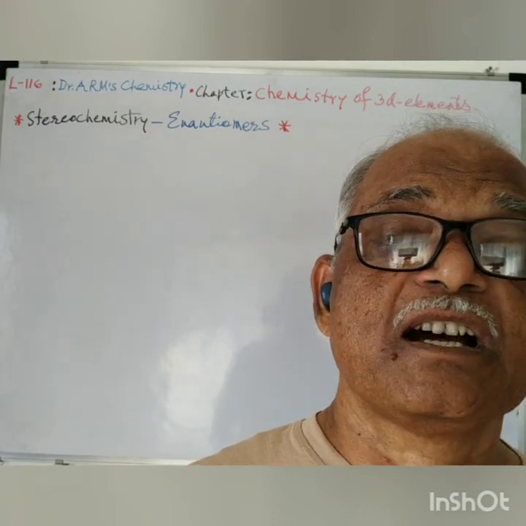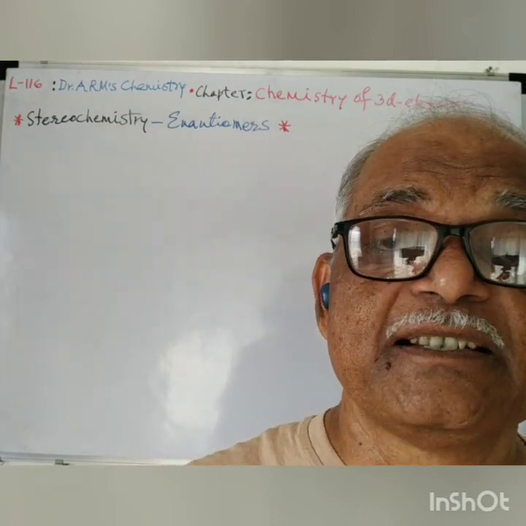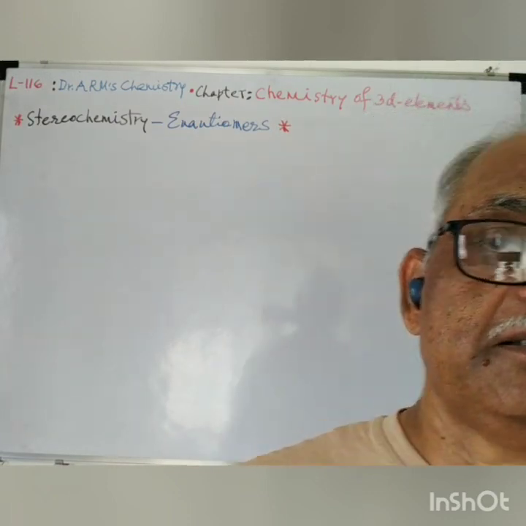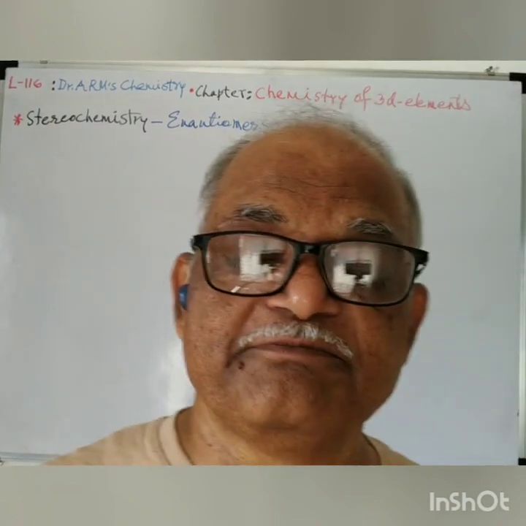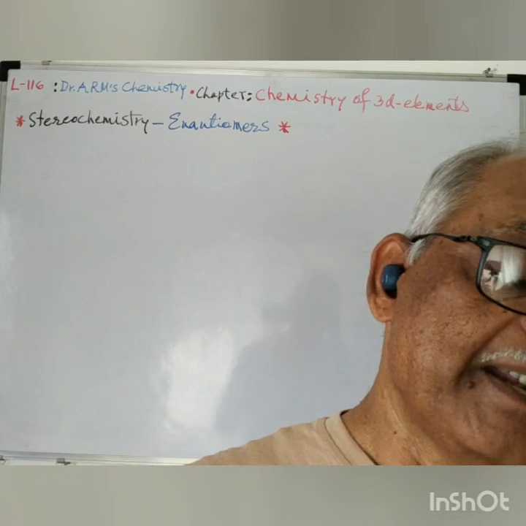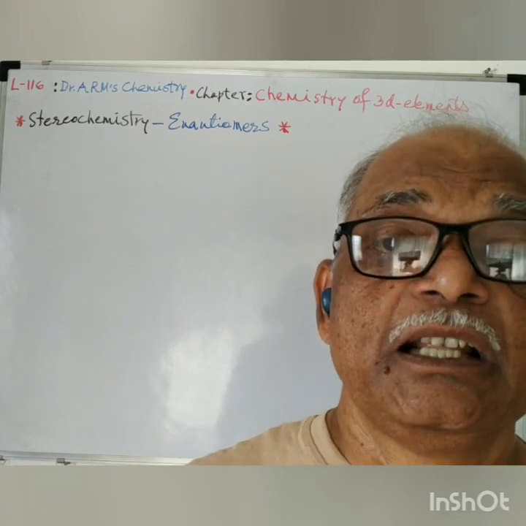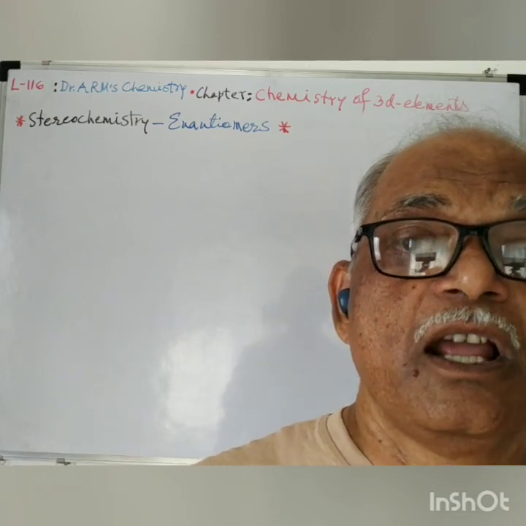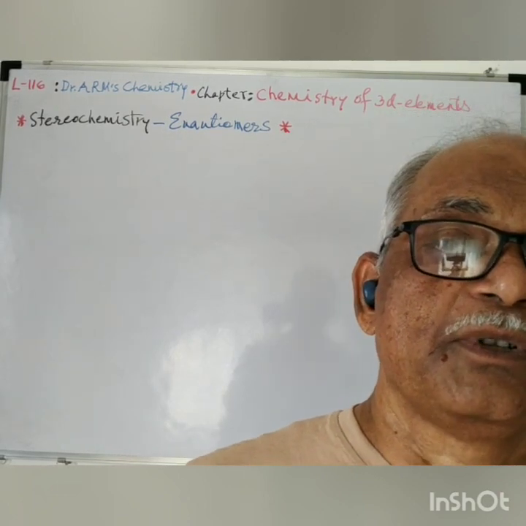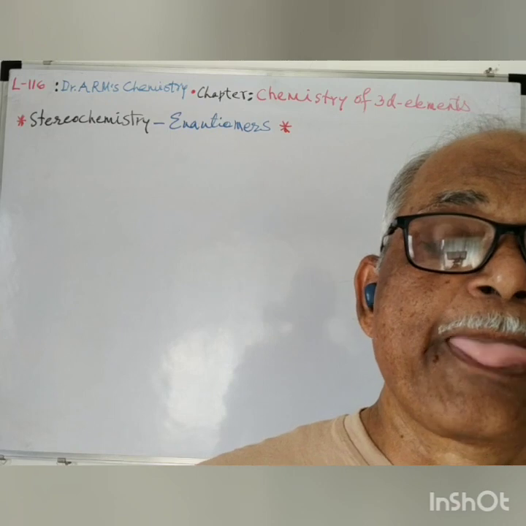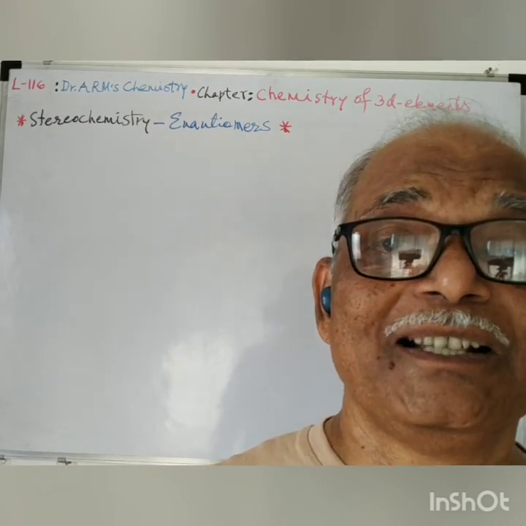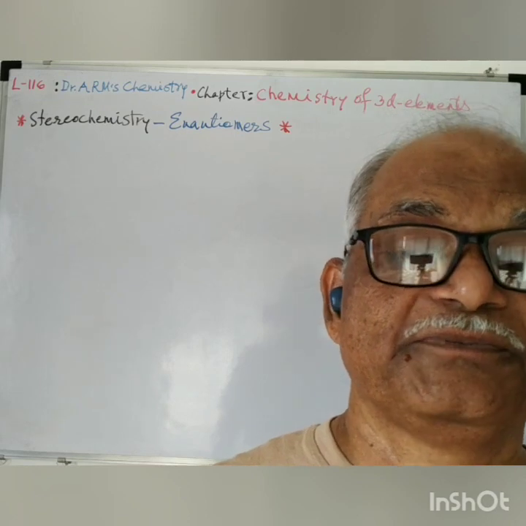So enantiomers are the two species which have the same molecular formula and the same structural formula, but the arrangement of the ligands around the central metal ion is such that they are viewed as non-superimposable mirror images.